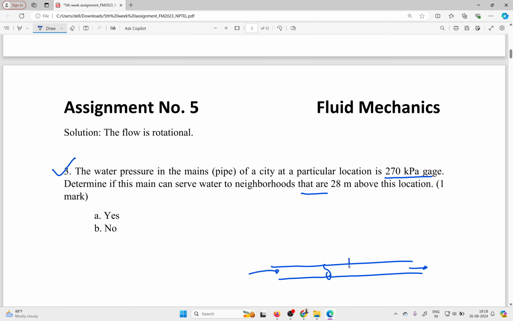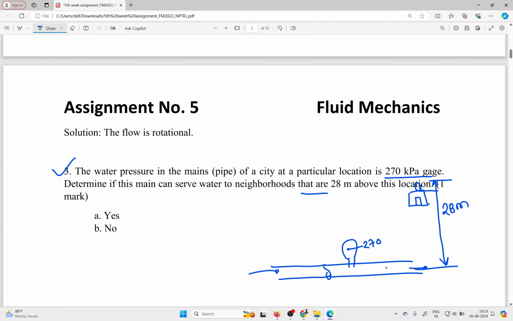You measured the pressure here, it is showing 270, and one house is on this side. This is 28 meters, or here is a tank, so the tank height, if you measure here, is 28 meters.